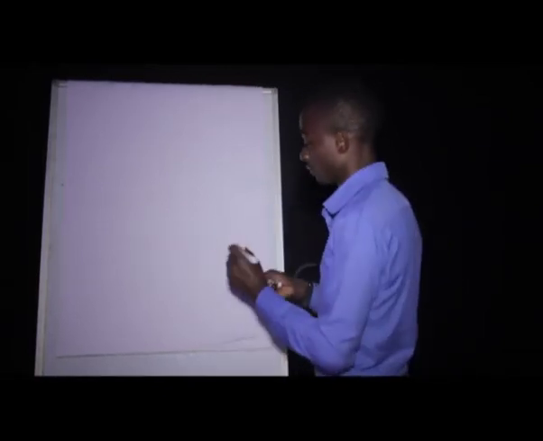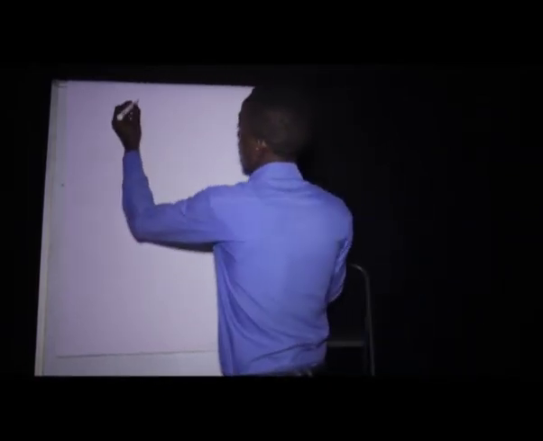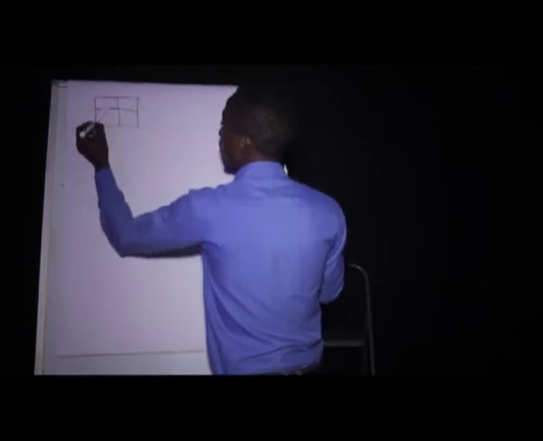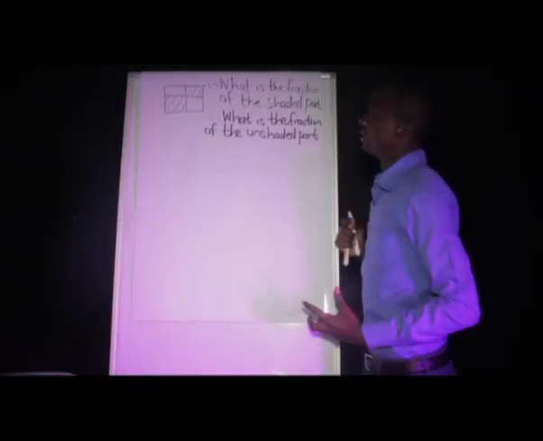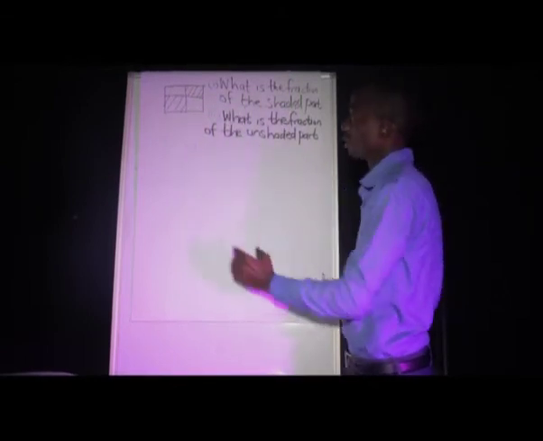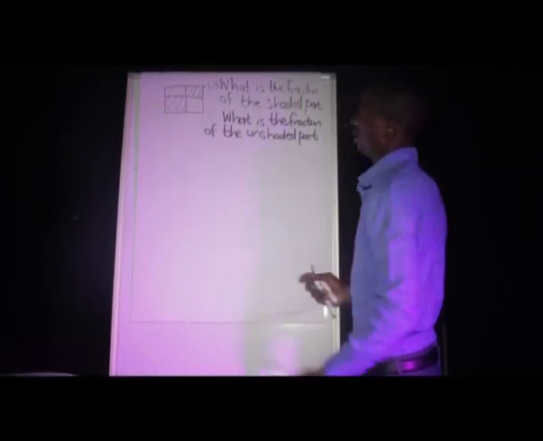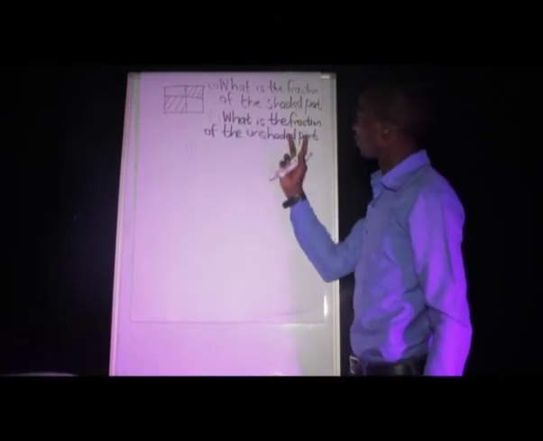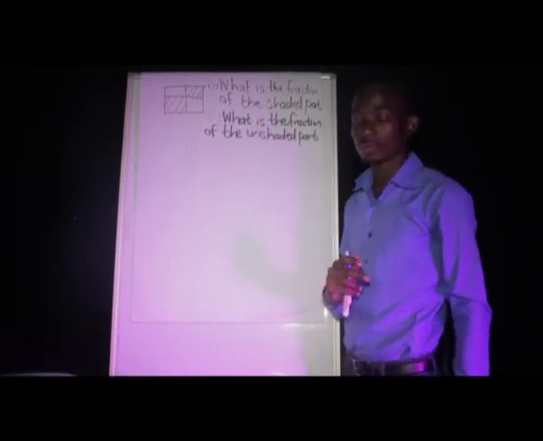For example, if I have my item as this, the question here is, part 1 we have, what is the fraction of the shaded part? Remember, this is our diagram right here. Then part 2, what is the fraction of the unshaded part?